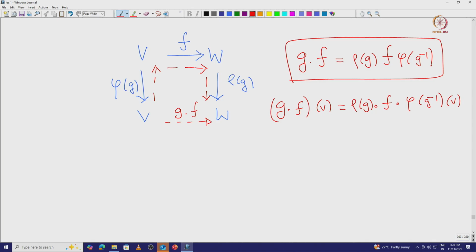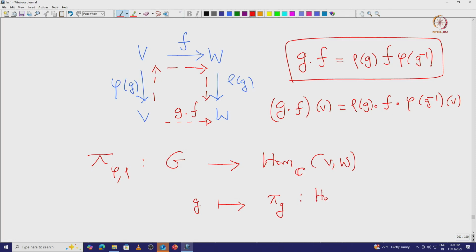That means if we take this representation, let me call it pi, with phi comma rho, which is a map from G to the Hom space's general linear group, where the image is given as follows: g goes to pi g, which is a map from Hom space to Hom space, given by taking f and sending it to g·f, which is rho g f phi g inverse.